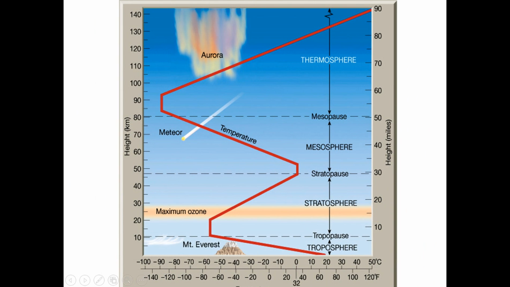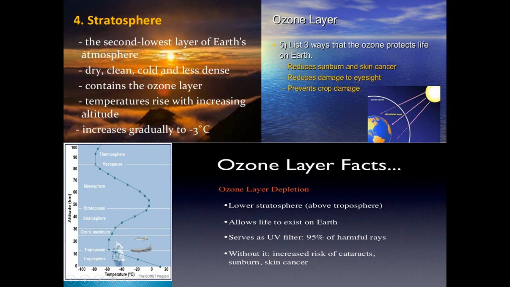Above the troposphere, there is another important layer in the atmosphere, that is stratosphere. Stratosphere exists from above the tropopause to almost 50 kilometers from the sea level.